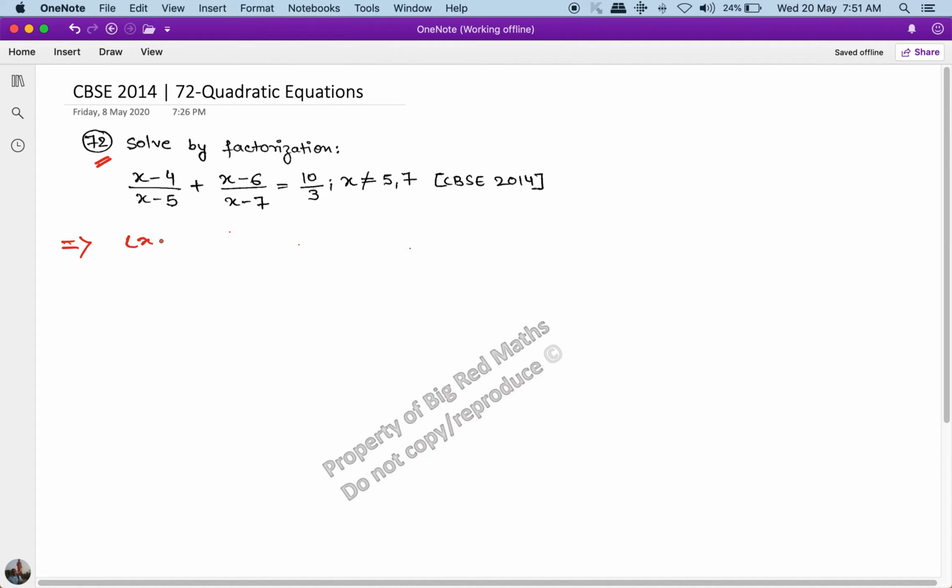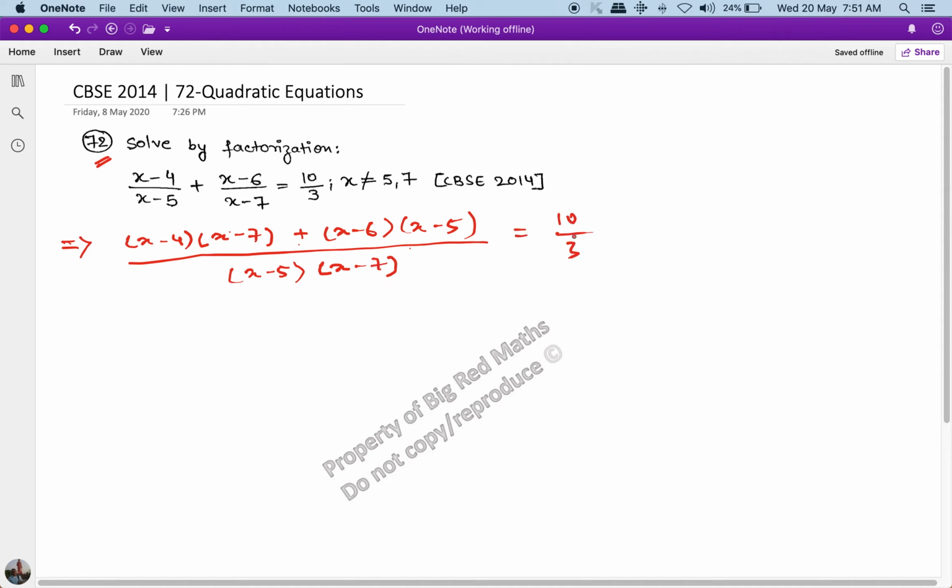So this will become (x minus 4) into (x minus 7) plus (x minus 6) into (x minus 5), this whole thing divided by (x minus 5) into (x minus 7), and this is equal to 10 upon 3. Now let me take the cross multiplication right now itself.